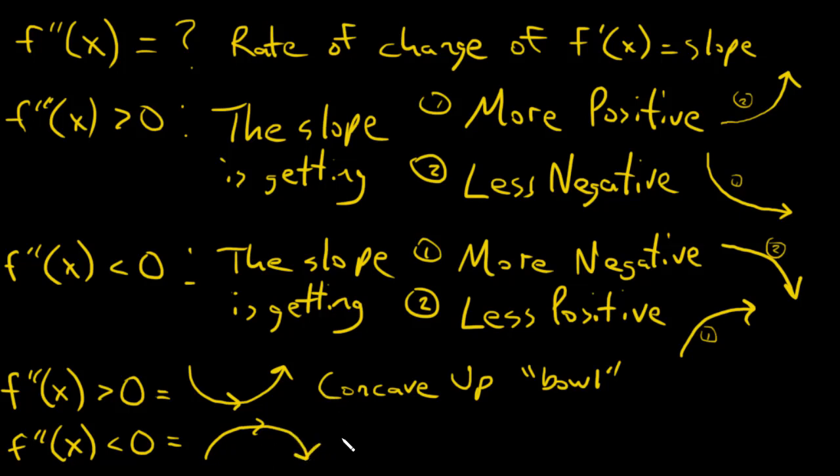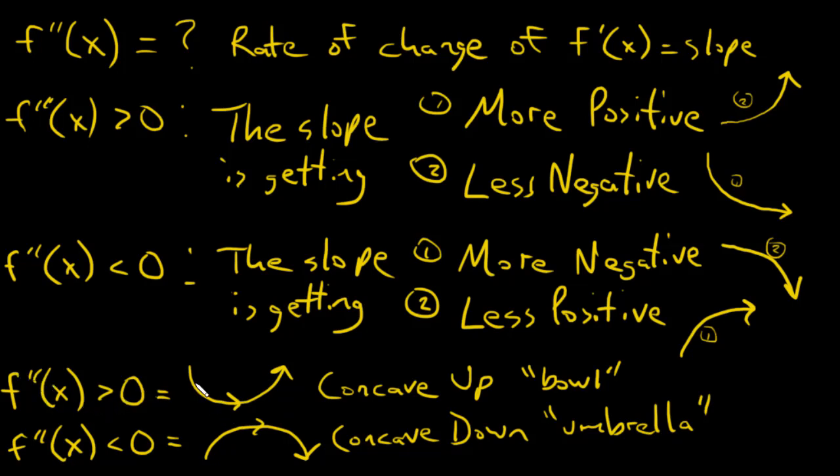So this is called concave down, and it is an umbrella shape. Okay, so these are the ways that we can look at f double primes.